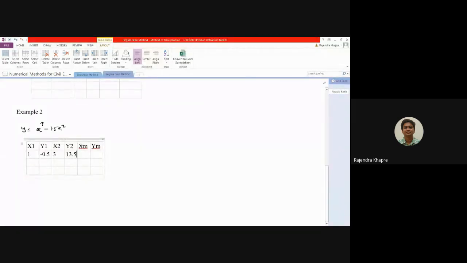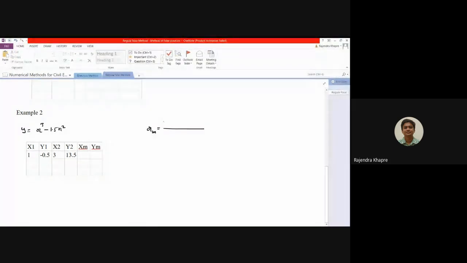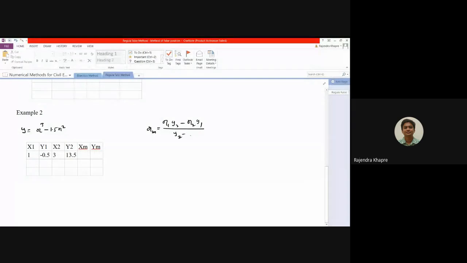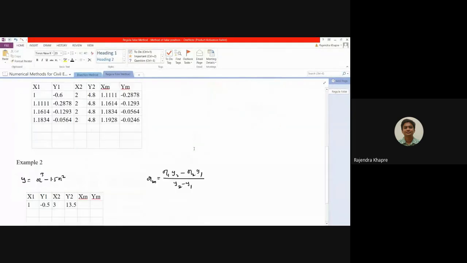So let us try to solve the same problem using this regula falsi method. Can anybody tell me what will be the value of xm? For xm you have to use the expression x1 y2 minus x2 y1 divided by y2 minus y1, the same expression we have seen earlier.